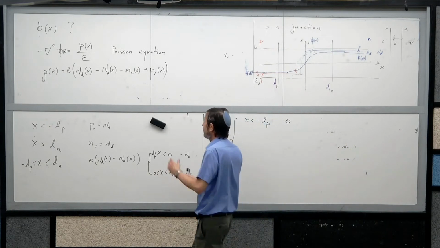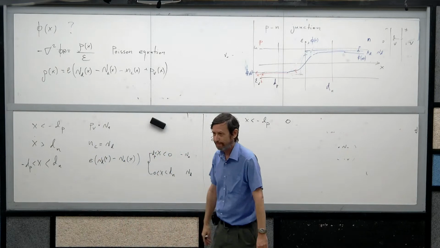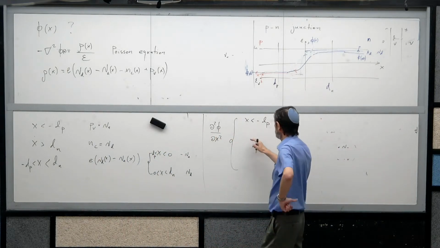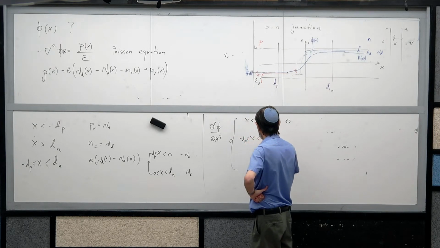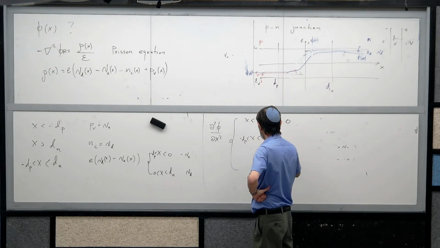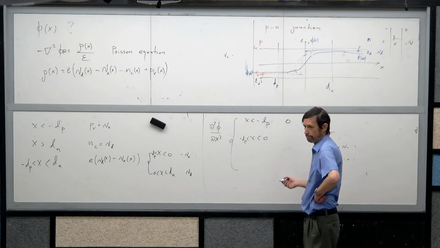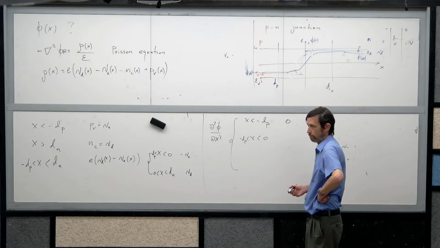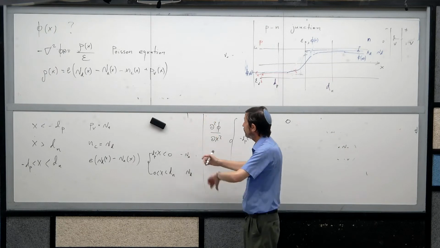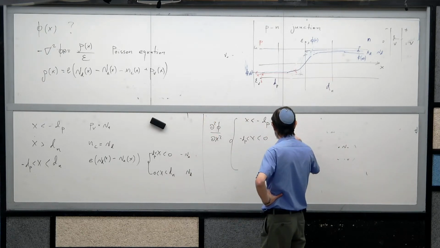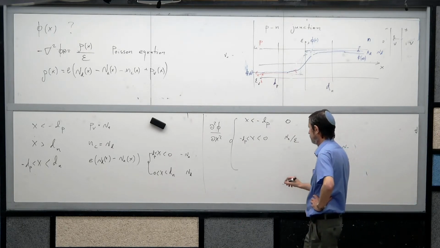If you want, put here 0 and the second derivative is equal to 0. For x between minus d_p and 0, what will it be? N_A, because of the minus, divided by epsilon, times e.